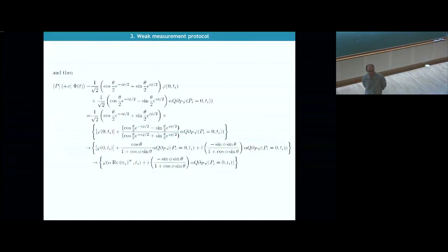What is it good for, you mean? Or what's the meaning? So basically, you do a weak measurement because the original question I was asking is what can I say about the value of some observable between some initial state and some final state.